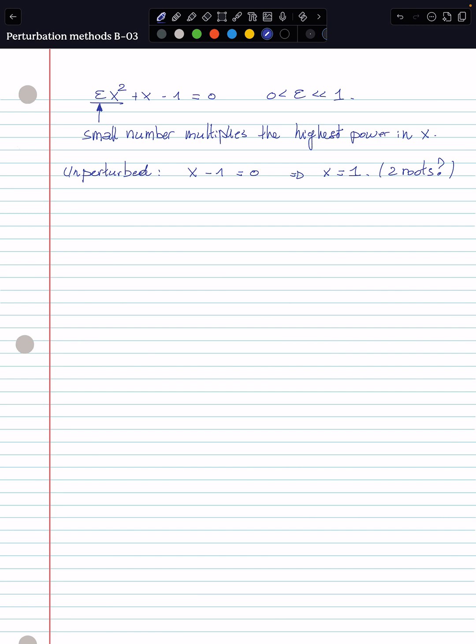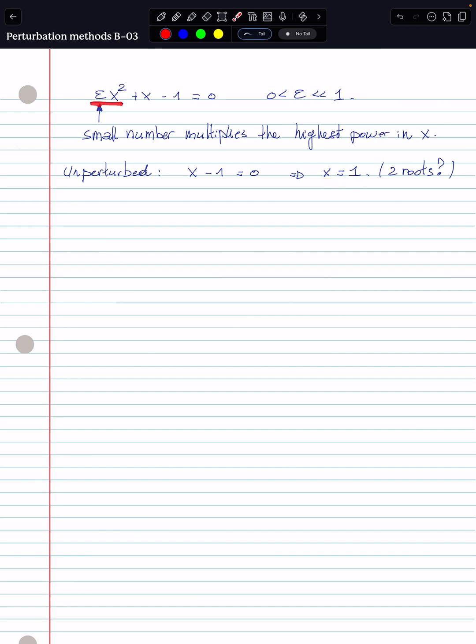And where does the second root come from? You can just take maybe a few seconds or a minute to think about it. You have an idea? So if we start by looking at the problem without the perturbation, so we end up with just x minus 1 is equal to 0, there's 1 root, which is definitely perturbed because of the additive perturbation.